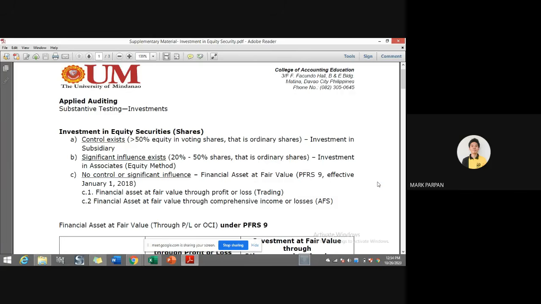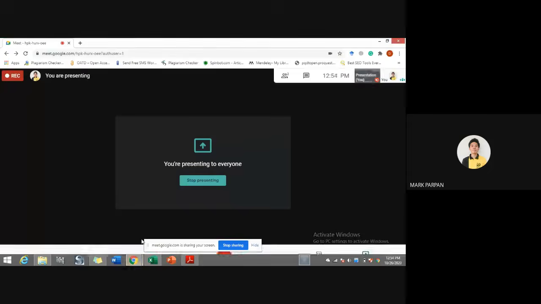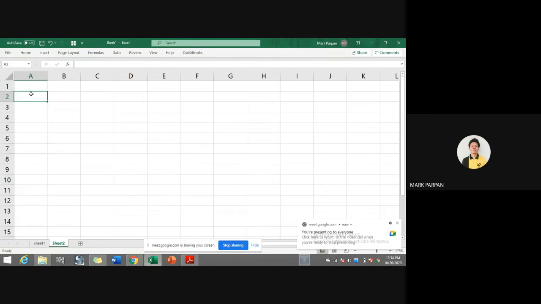Actually, we have four types of investment. I hope we are presenting on your end. We have investment in equity securities, meaning you have investments on the shares of others. We also have investment in debt securities, which means you have invested in the bonds of another company.